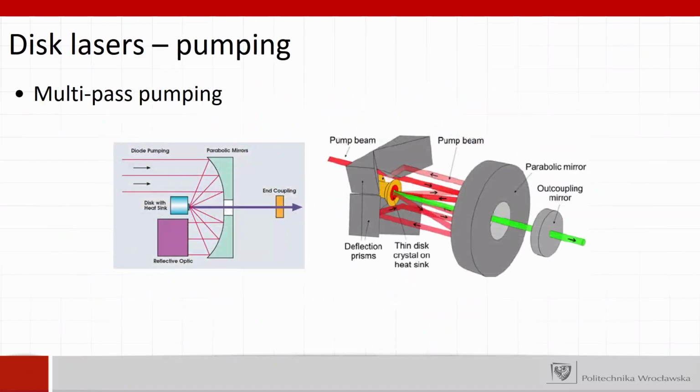So pumping of these disk lasers is also something which is not so easy, because these disks are placed on the heatsink on one side, right? So the disk is always on one of the ends of the resonator.